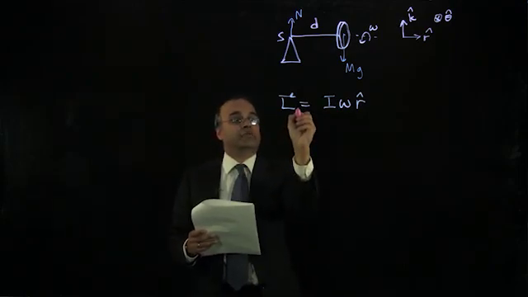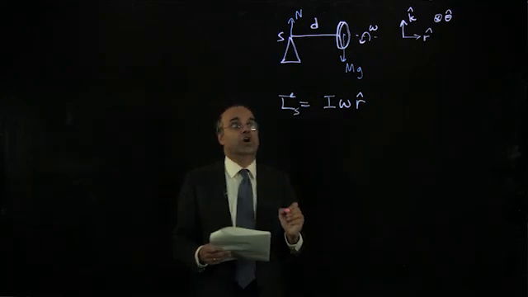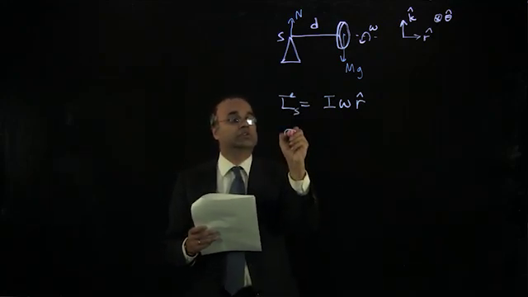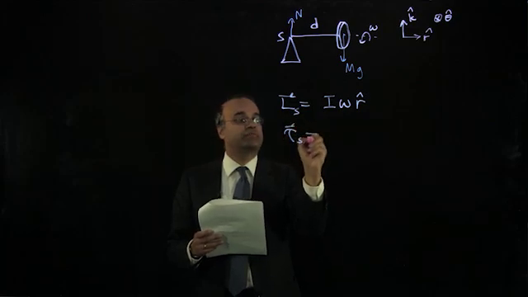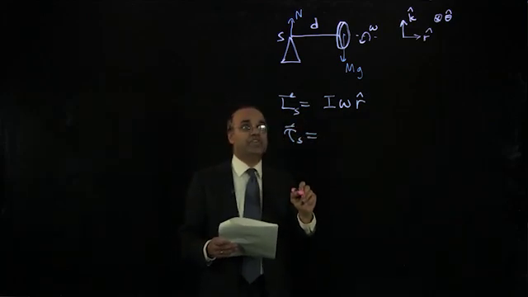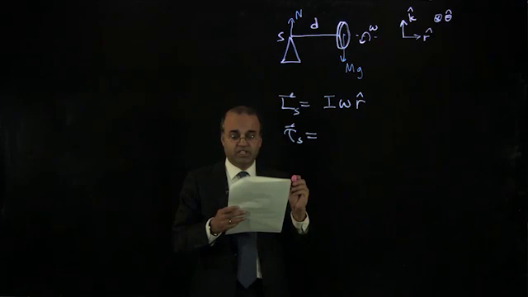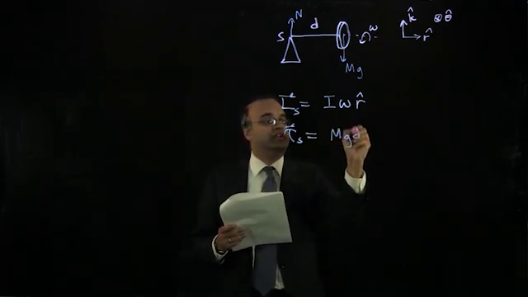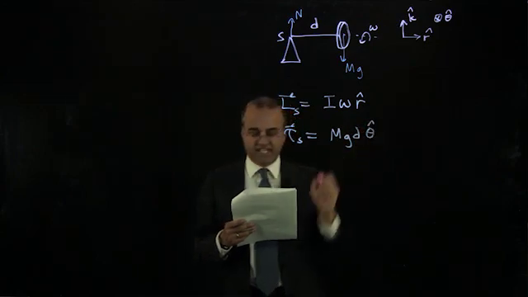And this is the angular momentum with respect to point S. Now, the torque with respect to point S, again, it's r cross F relative to point S. That's going to be mgd in the plus theta hat direction.